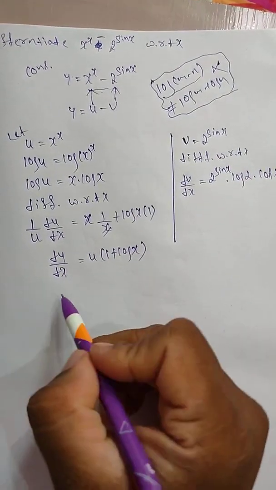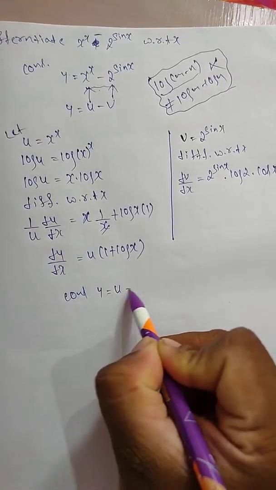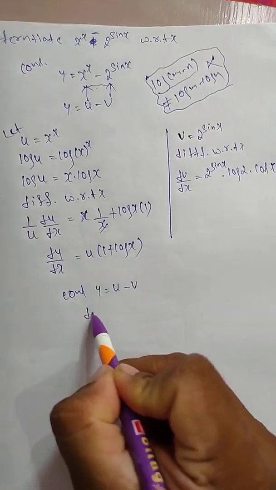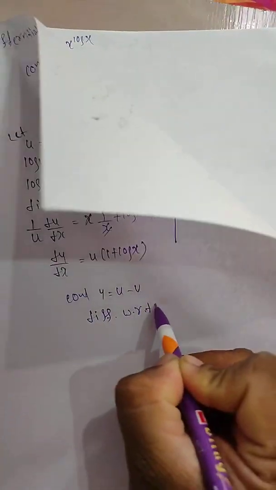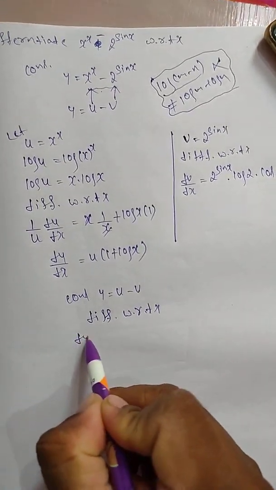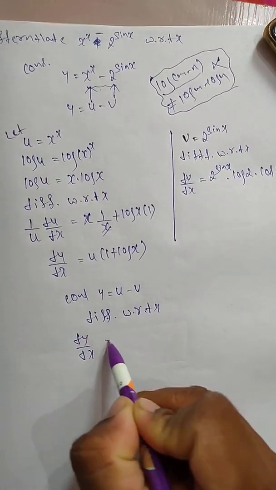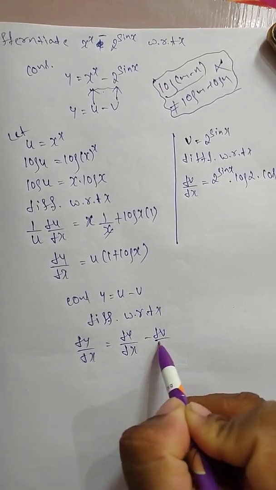Now again consider y is equal to u minus v. Differentiate with respect to x. So dy by dx is equal to du by dx minus dv by dx.